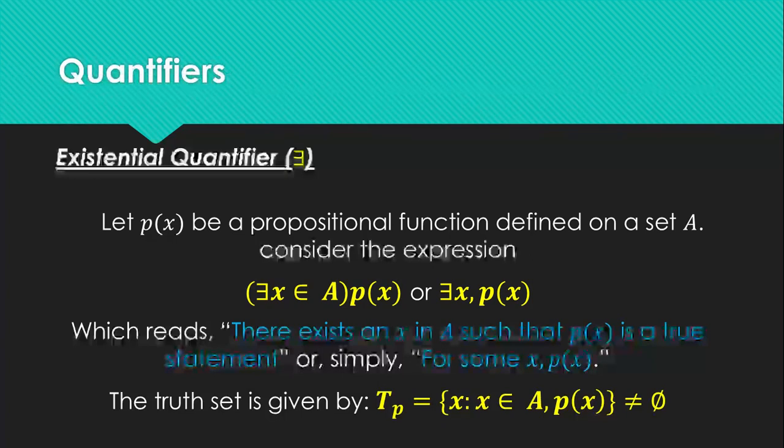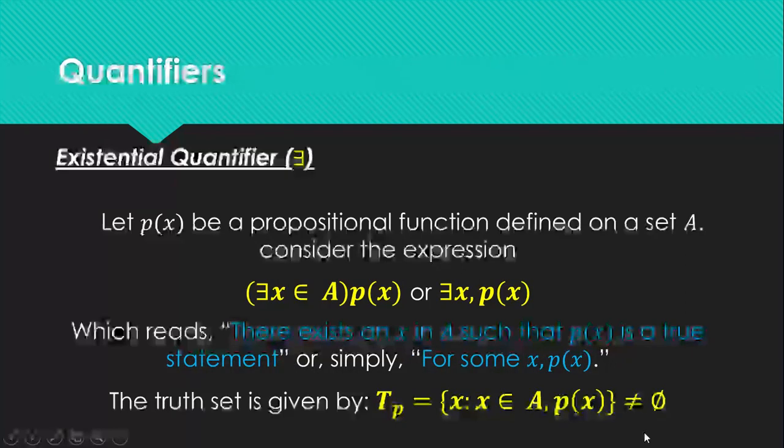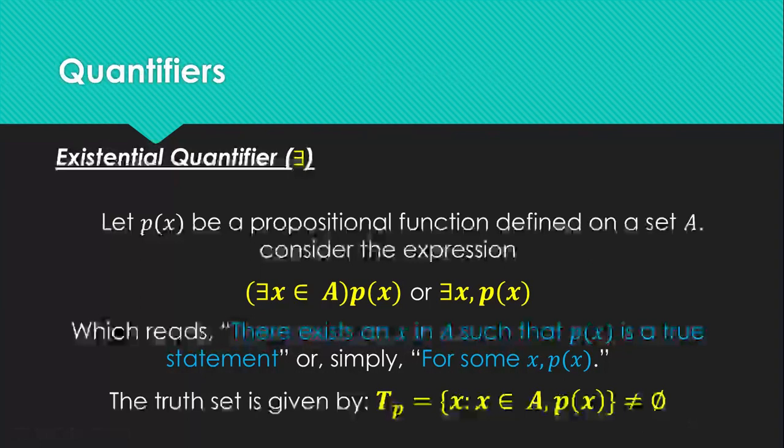The truth set of P for an existential quantifier should include the elements x of the given set where P of x is true, and it should not be equal to the null set, meaning there must be at least one element in the given set that will make p of x true, or our given propositional function a true statement.